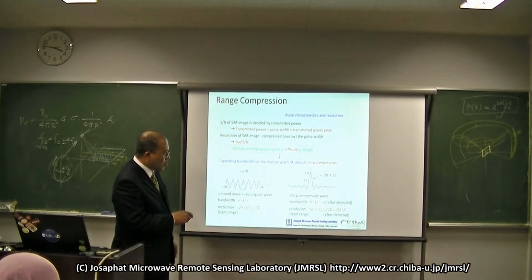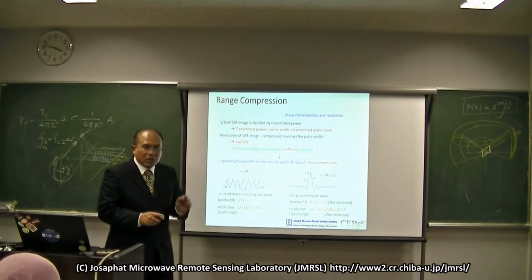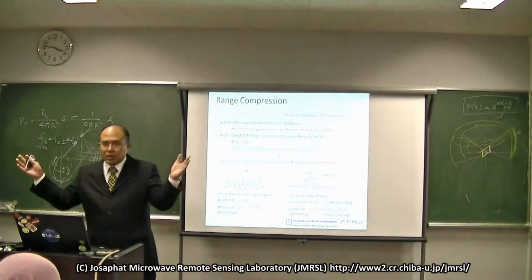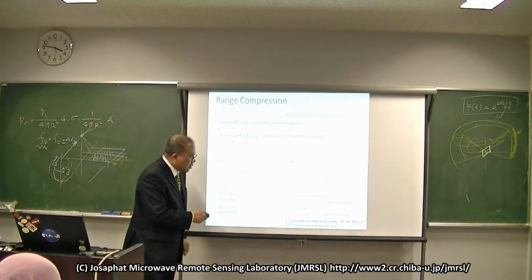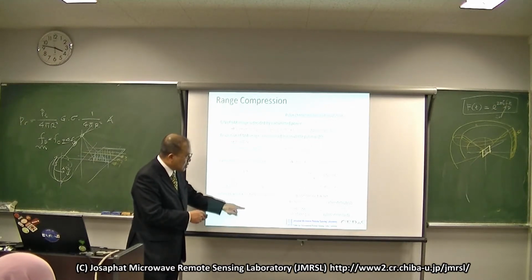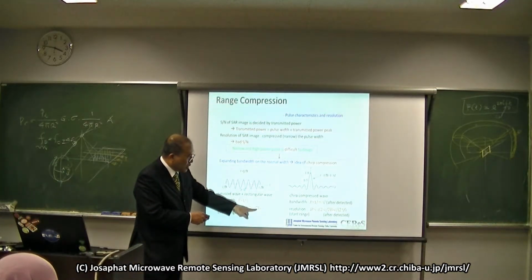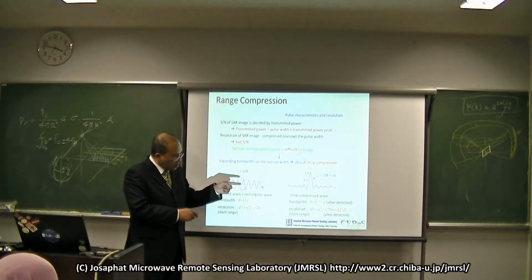B equal to 1 divided by tau here, and here it is equal to delta F, because in the chirp pulse we have a large bandwidth. So in this case, the rest is almost the same, but B we change to be delta F. We can control delta F.